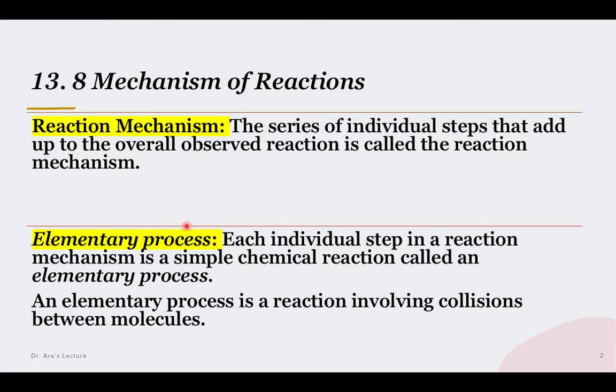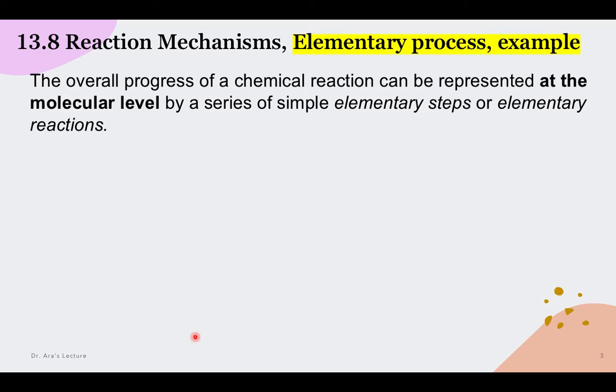An elementary process is a reaction involving collisions between two molecules, and each individual elementary step follows the rate law. We can consider the stoichiometric equation only for the elementary step, that means a single step of the total chemical reaction.